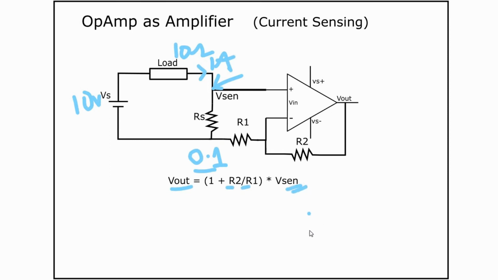Once I know V sense, I can divide V sense by R sense. So I can calculate the current flowing through the circuit, in this case 1 amp.